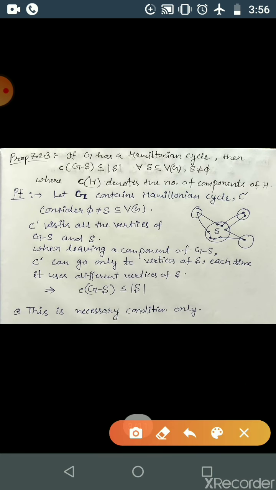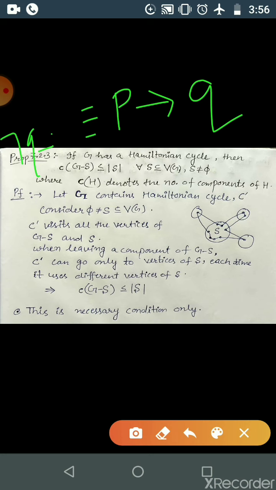Suppose you say G is a Hamiltonian graph is the statement P, and this condition, that the number of components of G minus S is less than or equal to the cardinality of S, is Q. So this is the same as what we did in our discrete mathematics class: negation of Q implies negation of P, correct?